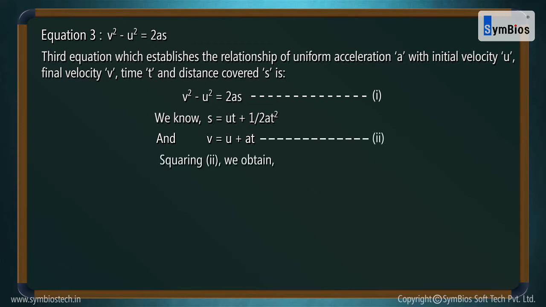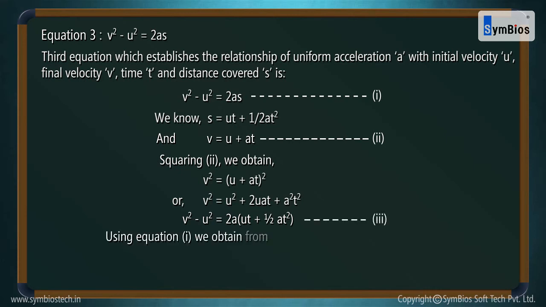Squaring equation 1, we obtain v square is equal to u plus at the whole square, or v square is equal to u square plus 2uat plus a square t square. v square minus u square is equal to 2a into ut plus half at square.